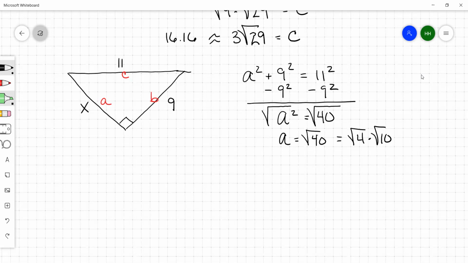And that simplifies to 2 radical 10. There's your answer in simplest radical form. And then if you multiply 2 times the square root of 10, you get 6.32. So there's your A or your X, or however the question is being asked. It's the missing leg.